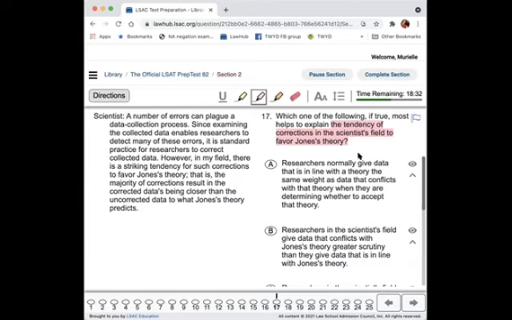Sometimes when you read the stimulus, you might predict that the answer is going to be one thing, and then that turns out to not be an option. And that doesn't necessarily mean that you've misinterpreted the stimulus. It might just mean that you have imagined another correct answer choice.